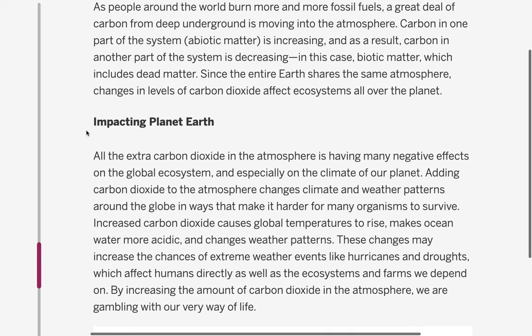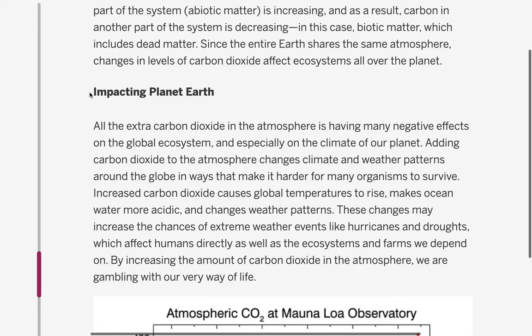As people around the world burn more and more fossil fuels, a great deal of carbon from deep underground is moving into the atmosphere. Carbon in one part of the system, abiotic matter, is increasing, and as a result, carbon in another part of the system is decreasing. In this case, biotic matter, which includes dead matter. Since the entire Earth shares the same atmosphere, changes in the level of carbon dioxide affect all ecosystems all over the planet.